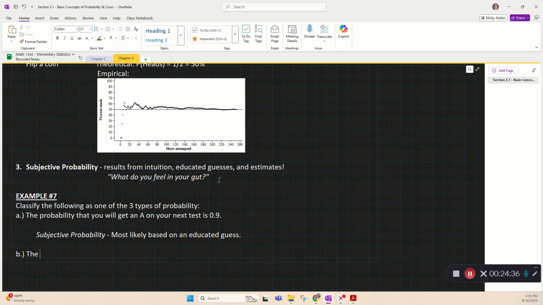Okay, the next one. The probability that a voter chosen at random will be younger than 35 years old is 0.3.